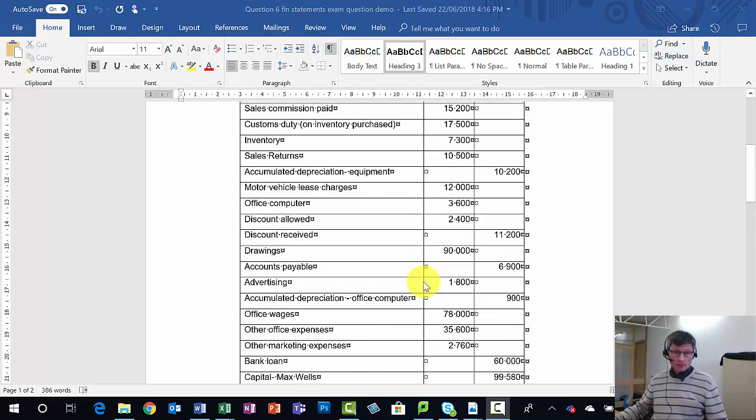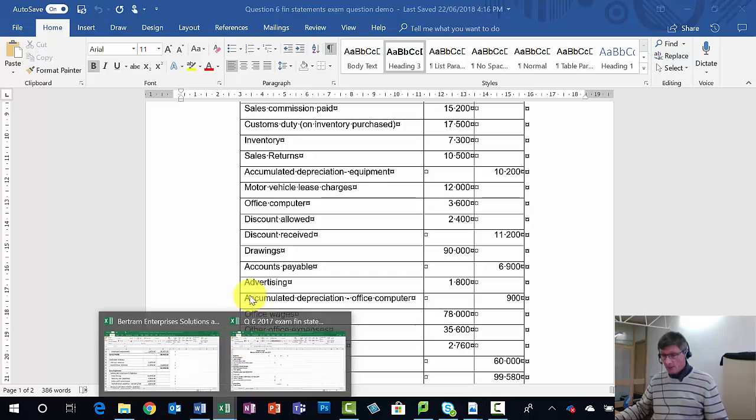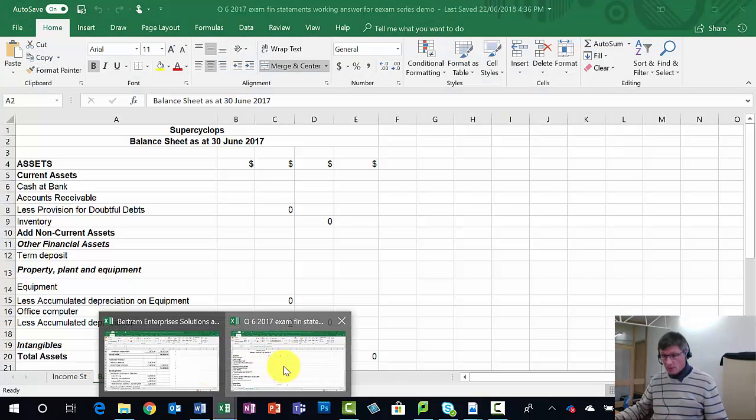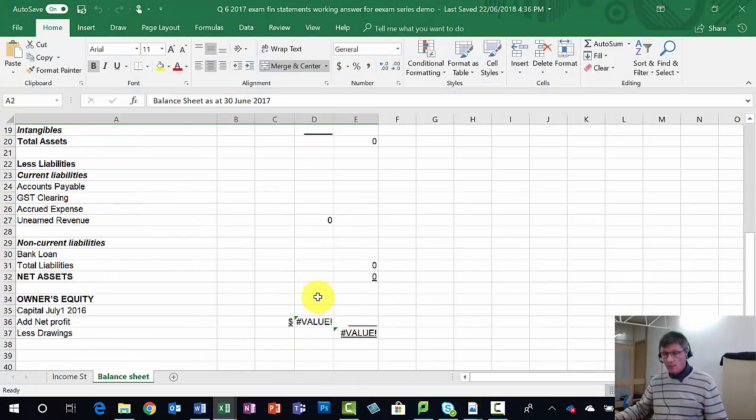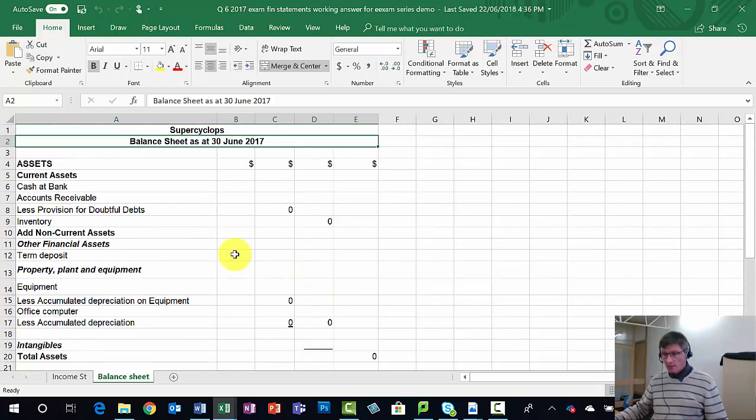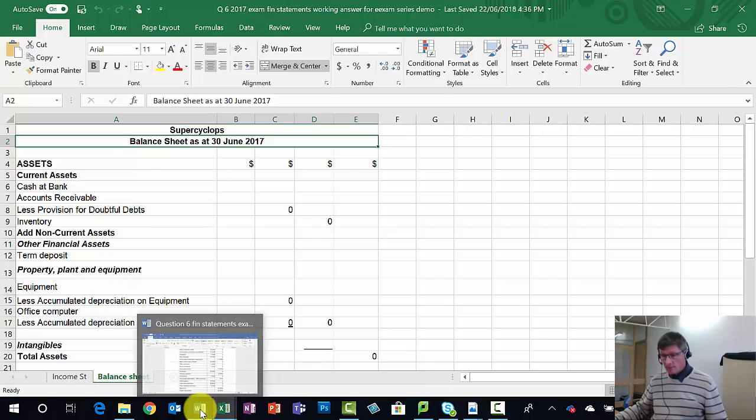What I would do is put them on a scrap piece of paper and then methodically adjust your trial balance before you then go into your financial statement, which you can see here. It's all set up, and I'll show you how and when I'll put these things in there, and you can see also that I've got some ratios already calculated. Alright, so let's make a start.